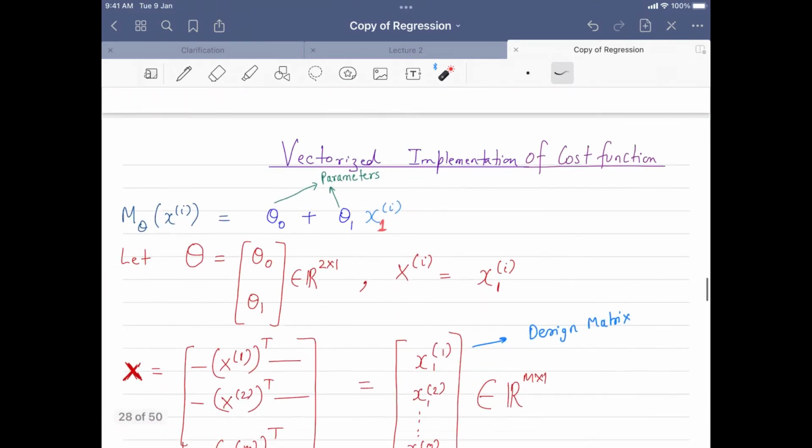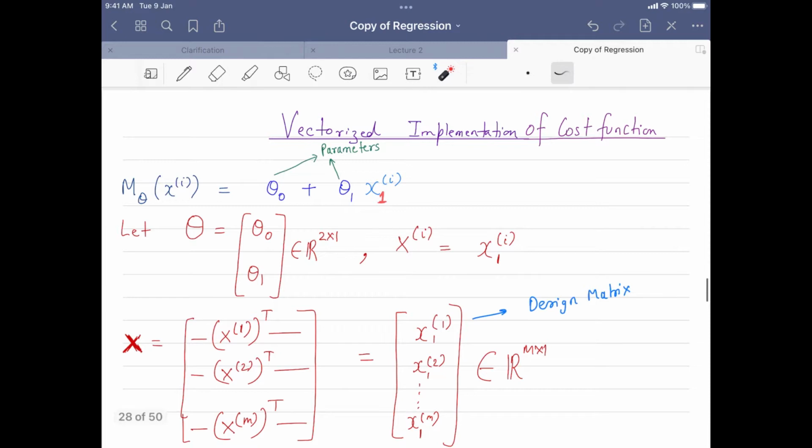If you see here, we already know the model we have, which is theta 0 plus theta 1 x1i. This is the model we are constantly talking about, and here we are using only a single feature, so that's why we are writing 1 here. I hope you know that. Now we will start converting this equation into matrix format.